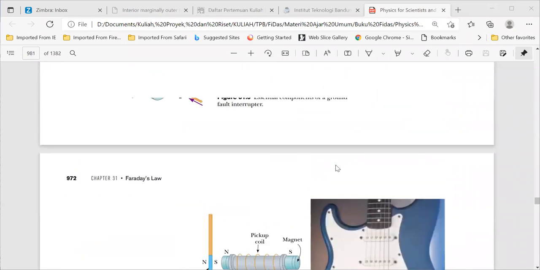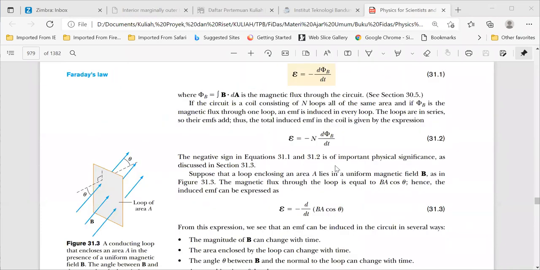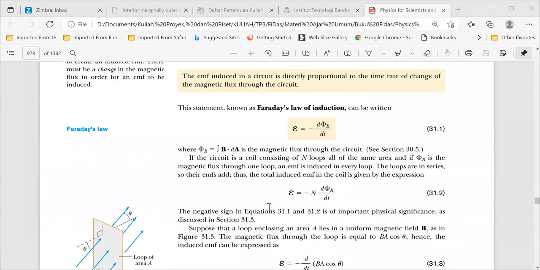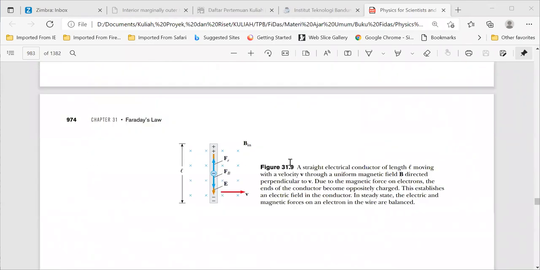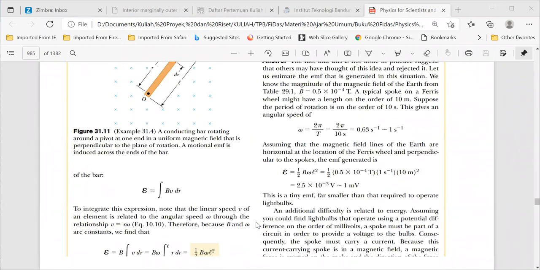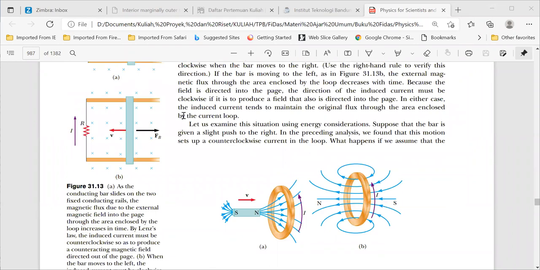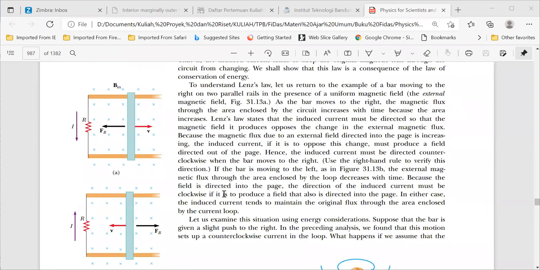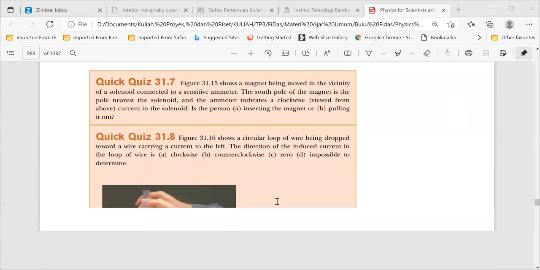Just a moment. Oh yeah, this is the Faraday law of induction. Okay, sorry. So this is the Lenz law. This experiment, this one, was already done by Lenz. We have discussed it on Tuesday.